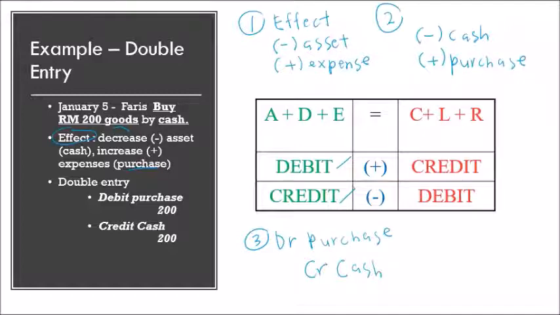You can see that you record the debit side more to the left, while you record the credit side more to the right. Just like I stated before. So what is the amount? 200. Okay. So it has to be balanced. You have to have one account on the debit side and one account on the credit side, the amount being the same.